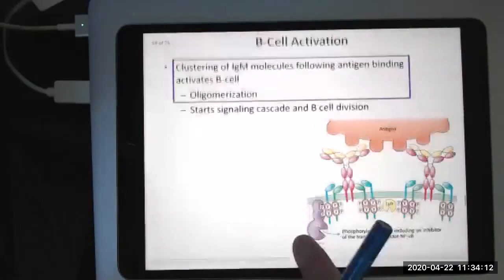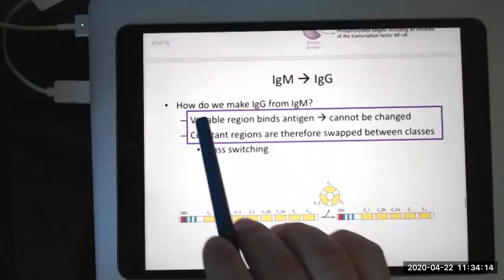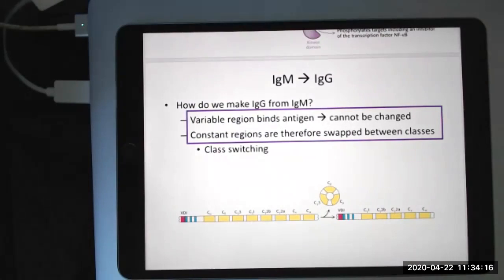When that happens, we want the variable region to not change. We know this variable region binds the antigen, so we want to keep that. Basically, part of the IgM gets cut out, and that turns an IgM into an IgG.